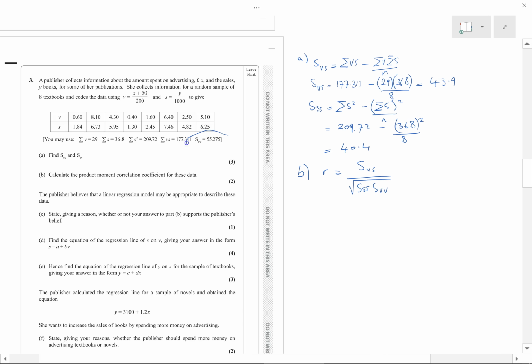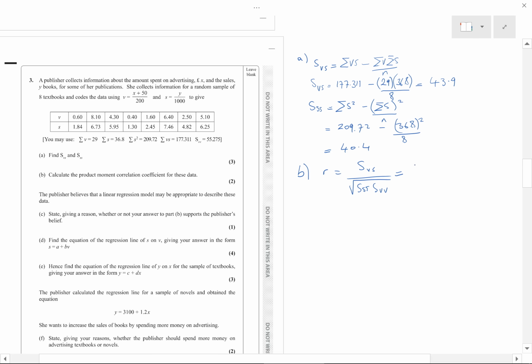Now, to avoid repetition, examiners will often give numbers. They don't want you to repeat the same process lots and lots of times. They want to test you on lots of different things, and repeating the same exercise over and over again is not a good way of testing what you can do. So that's why they've given that number there.